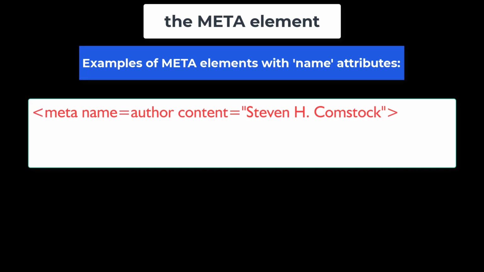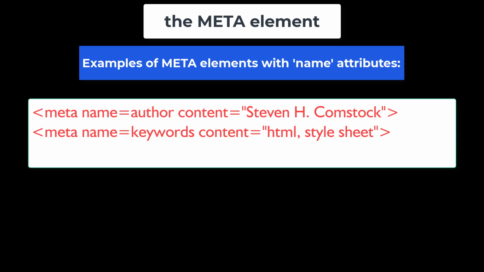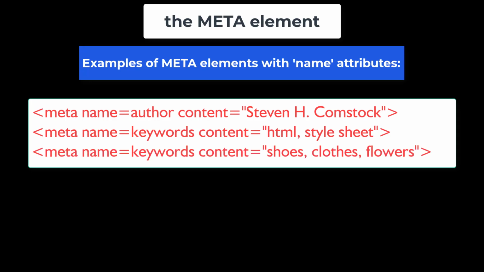Meta, name equal author, content equals Stephen H. Comstock. Or meta, name equal keywords, content equal HTML, comma, style sheet. Or meta, name equal keywords, content equal shoes, comma, clothes, comma, flowers.